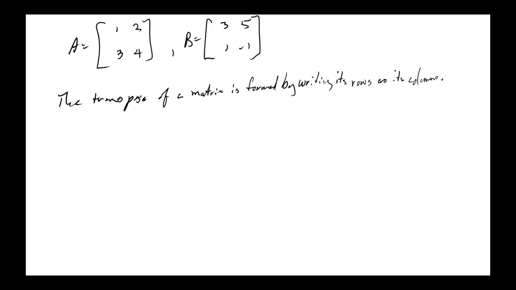Okay, that's it. So if A is an M by N matrix, and we'll just write it out: A11, A12, A13, dot, dot, dot, A1N, N columns, okay? A21, A22, A23, dot, dot, dot, to A2N.